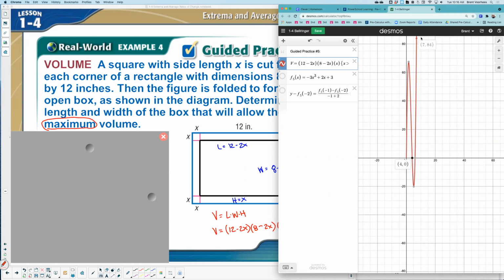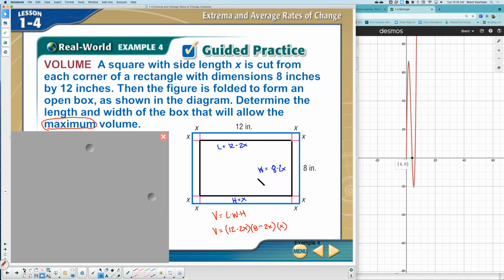Right there. If you had a height of 7, that would mean you'd have to cut out 7 inches here because height is your x. It would mean you cut 7 inches this direction. But think about it. If you cut 7 inches this direction and 7 inches from this direction, the whole piece falls off. You see, it's no longer realistic.